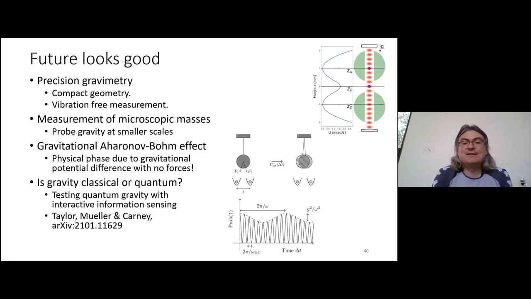Now the contrast is not very large. It is determined by the strength of the gravitational coupling. But, and this is the other great idea of Taylor and Carney, it can be enhanced by running the interferometer at a high temperature. This is an unintuitive result, and I spent a lot of time verifying it, and I'm convinced that this is right.